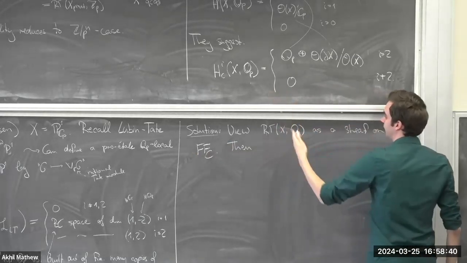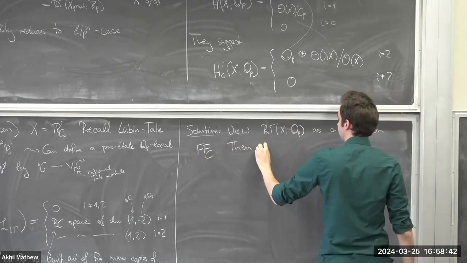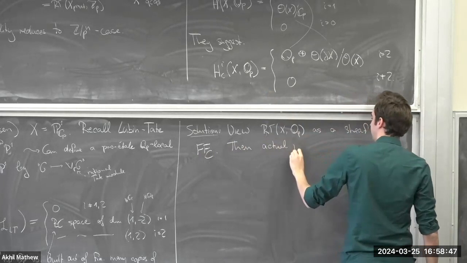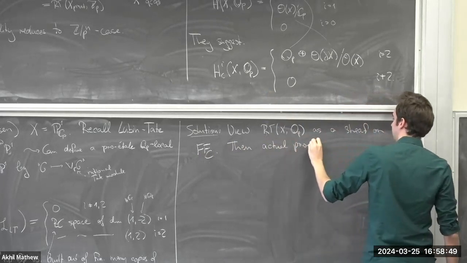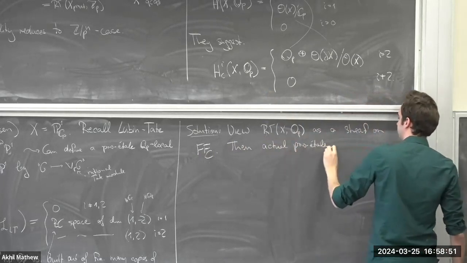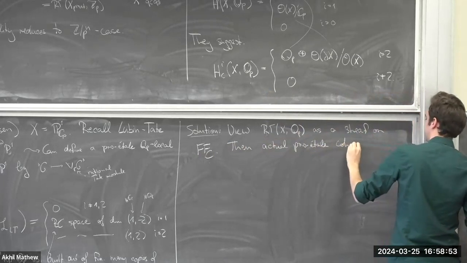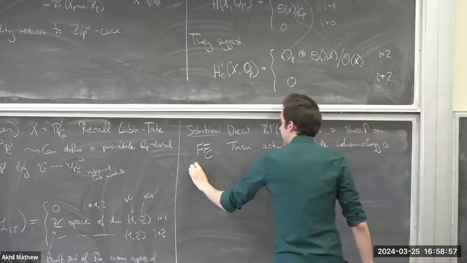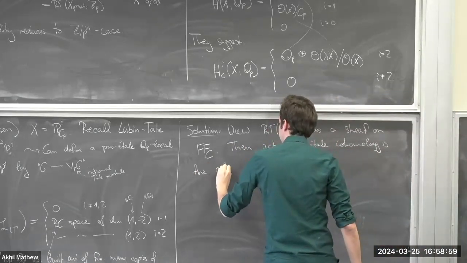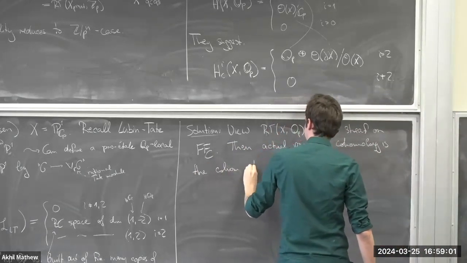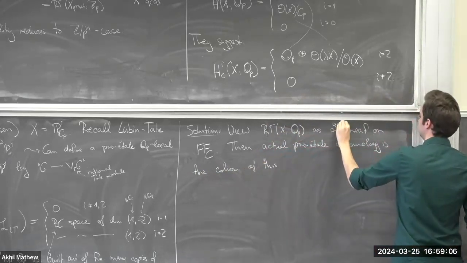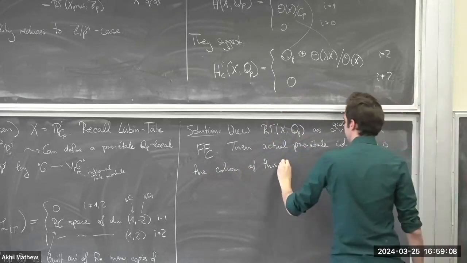And then if I want to get the actual cohomology, it is the cohomology of this sheaf, which will be a quasicoherent sheaf.